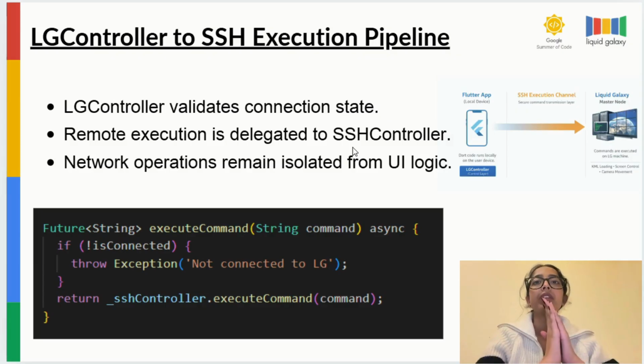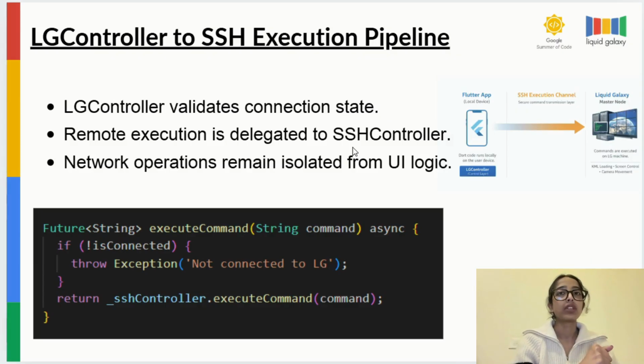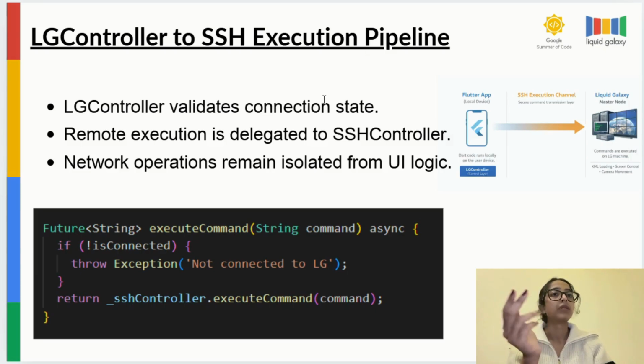So now moving on to the next slide, the LG controller to SSH execution pipeline. This slide shows how commands travel from the Flutter app to the Liquid Galaxy system. First, LG controller checks whether the system is connected or not. If the connection is not active, the request is stopped immediately. If everything is ready, the request is passed to the SSH controller.